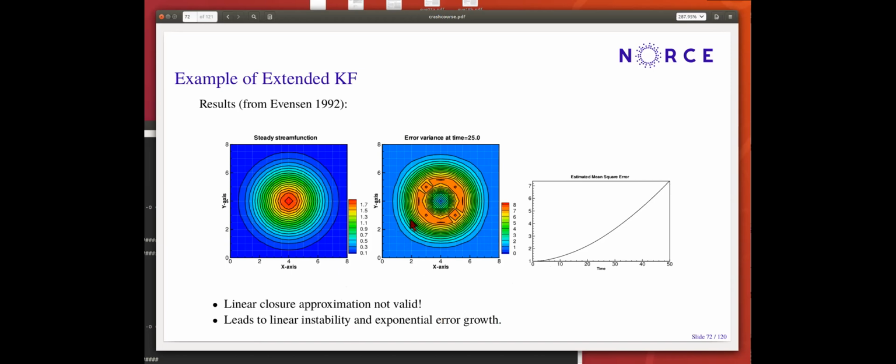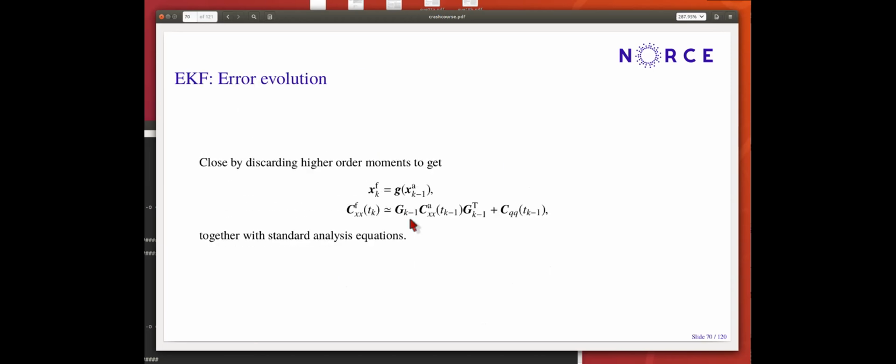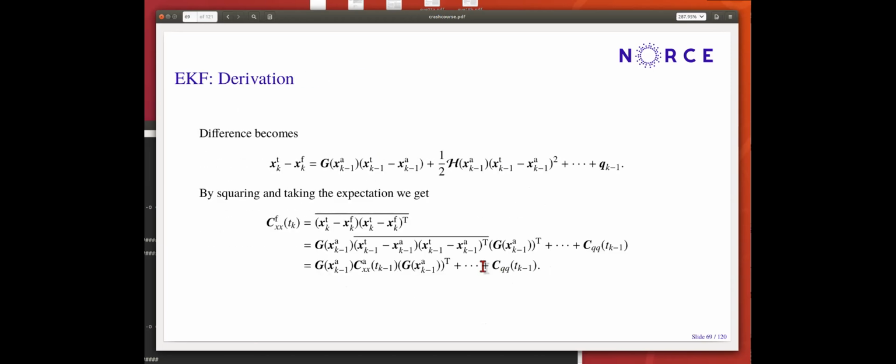So all these terms in here that I have neglected, the role of them would be to saturate this error growth, because like in the atmosphere, you can imagine that you have high pressures and low pressures, but there is a maximum high pressure and a minimum low pressure that you will never exceed. So the errors will only increase to a certain climatology, and then they will be steady.